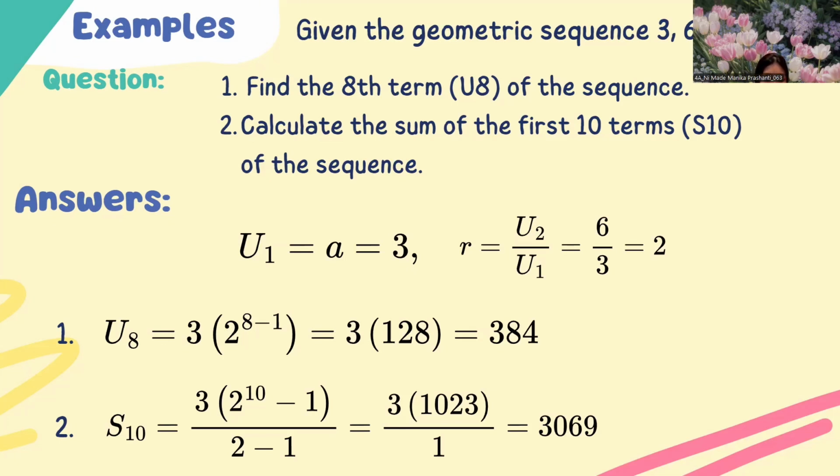So we use the SN formula: A times R to the power of n minus 1 divided by R minus 1. And we substitute the value and evaluate, so we get S10 is 3069.